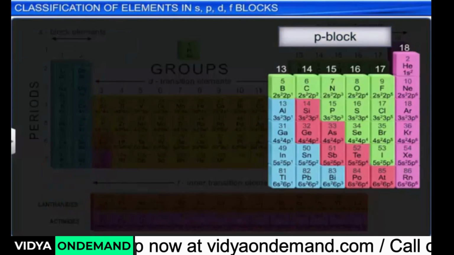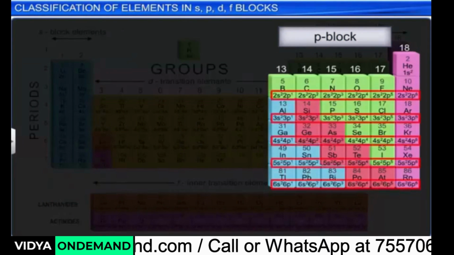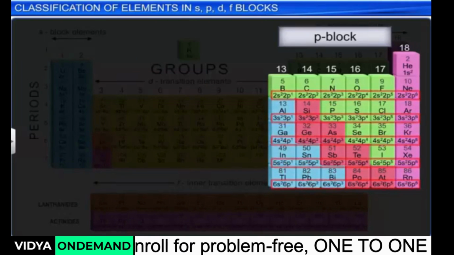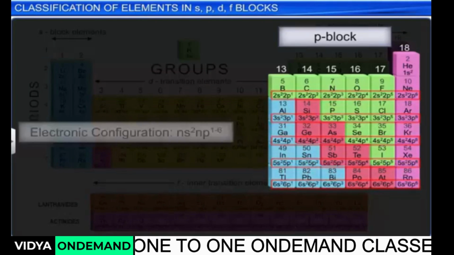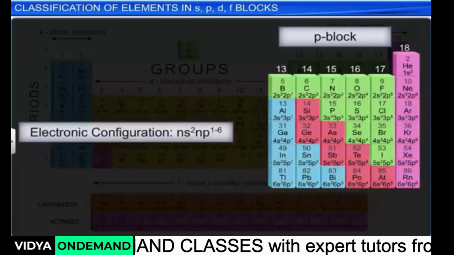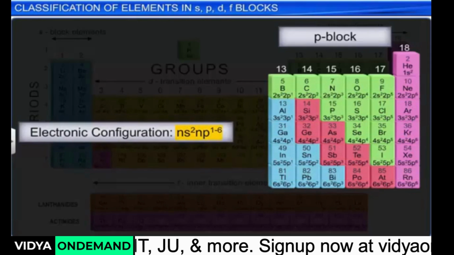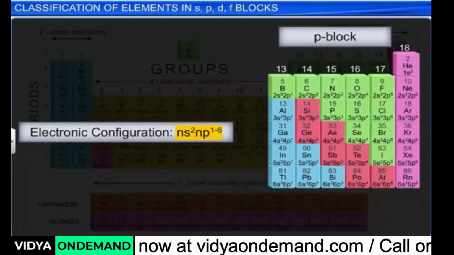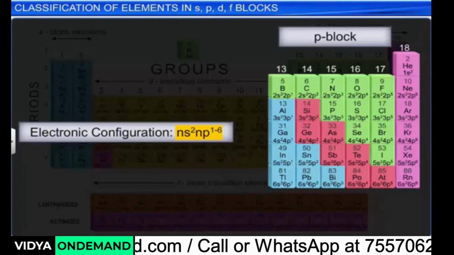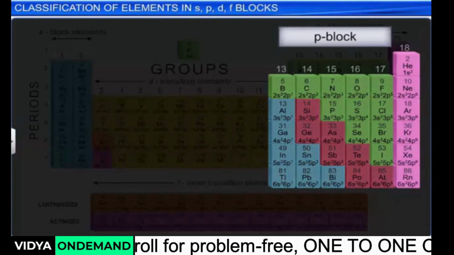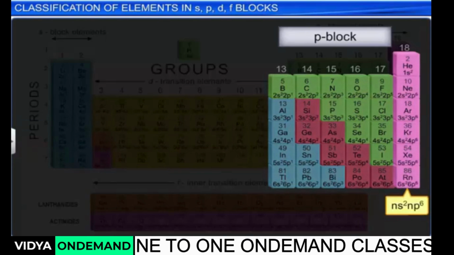The p block elements have their last electron entering the p orbital. This results in an outermost electronic configuration varying from ns2 np1 to ns2 np6 in each period. At the end of each period is a noble gas element with a stable configuration of ns2 np6.